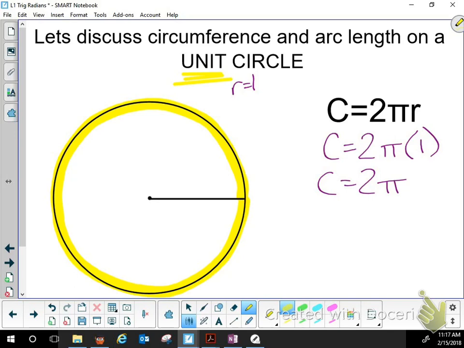So circumference is the same in a unit circle as its arc length. That distance I just went around is 2 pi. Does that make sense? So the arc length is just the circumference of a unit circle. Yes, they are the same.